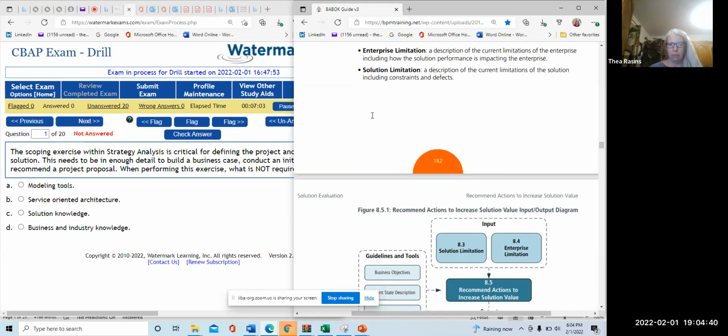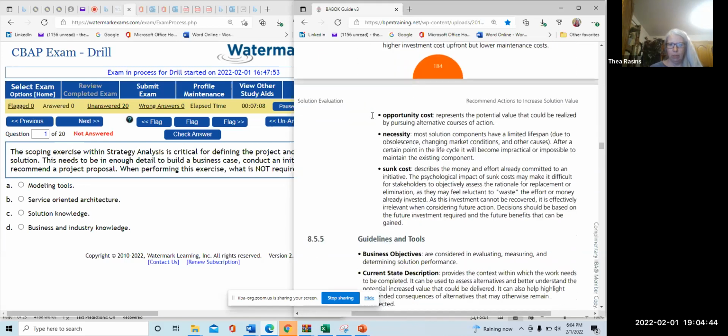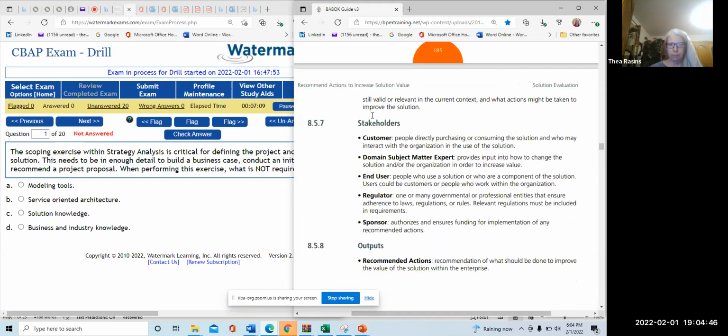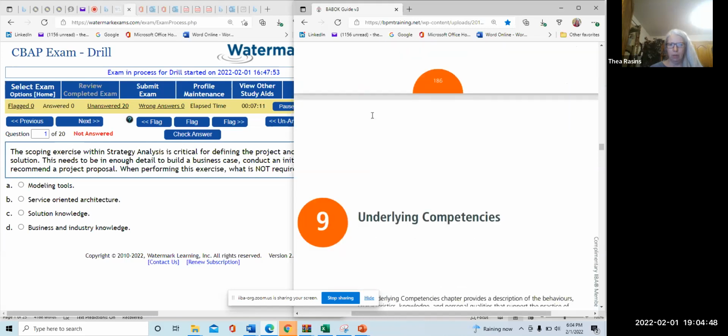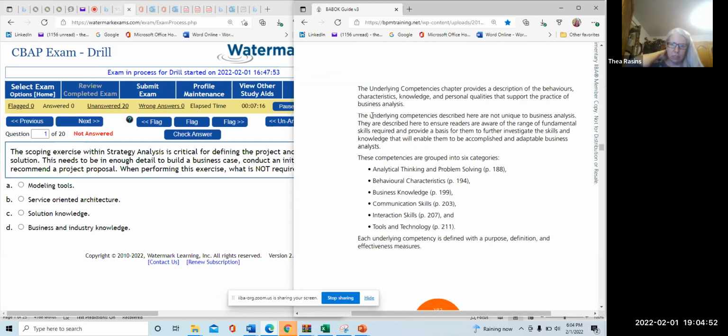So let's get to this. Where is 9.0? And here we are, underlying competencies. Competencies are grouped into 6 categories: analytical thinking and problem solving, behavioral characteristics, business knowledge, communication skills, interaction skills, and tools and technology.